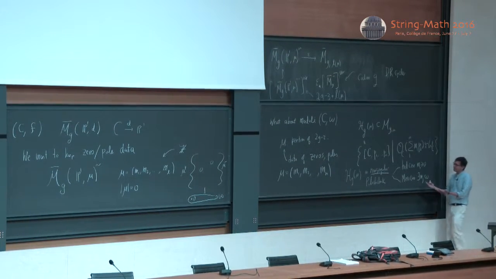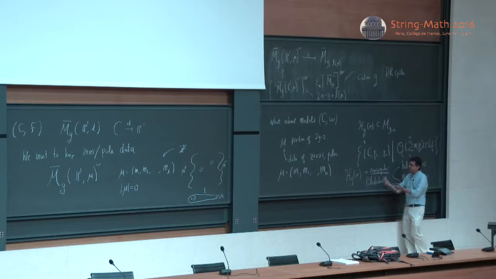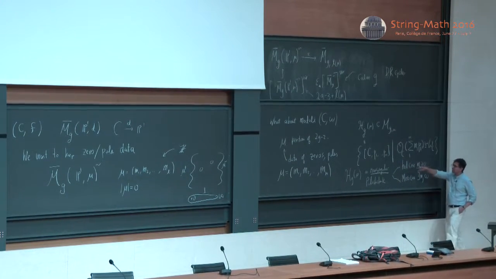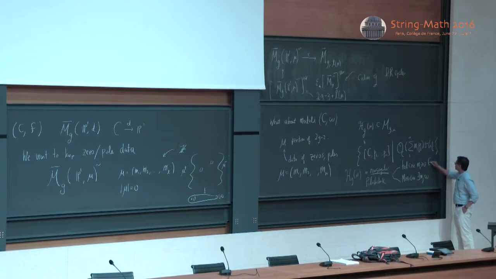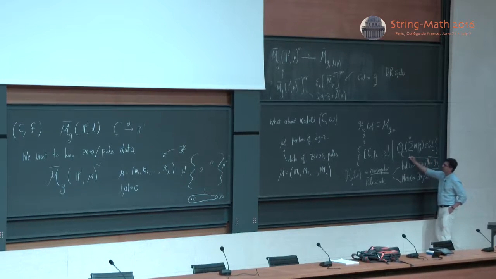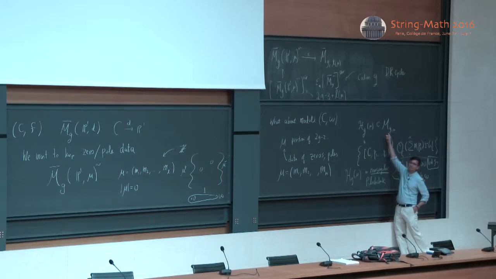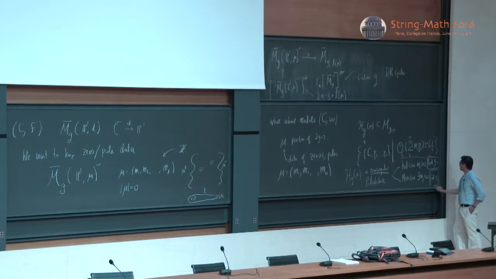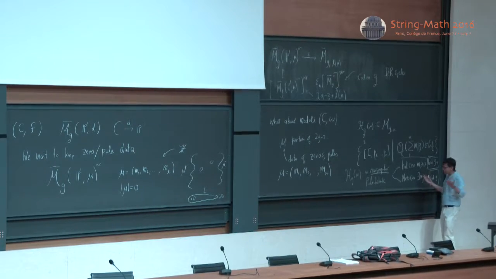The difference is that in the strictly holomorphic case, this is non-singular of codimension g minus 1. That's the codimension of this locus in here. And in the strictly meromorphic case, it's of codimension g. They're different. If you're an algebraic geometer, this difference is obvious.